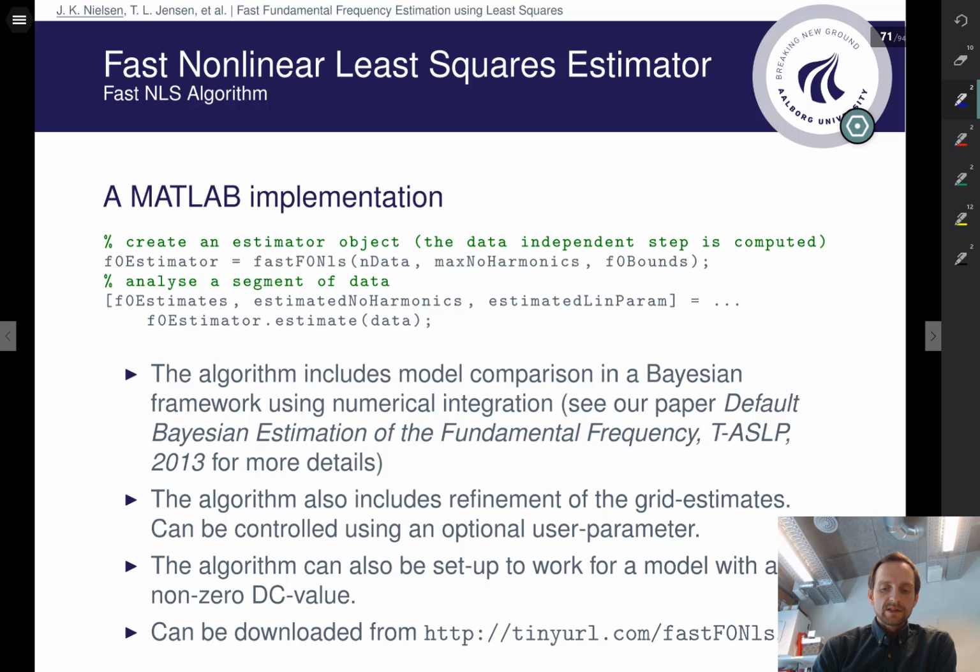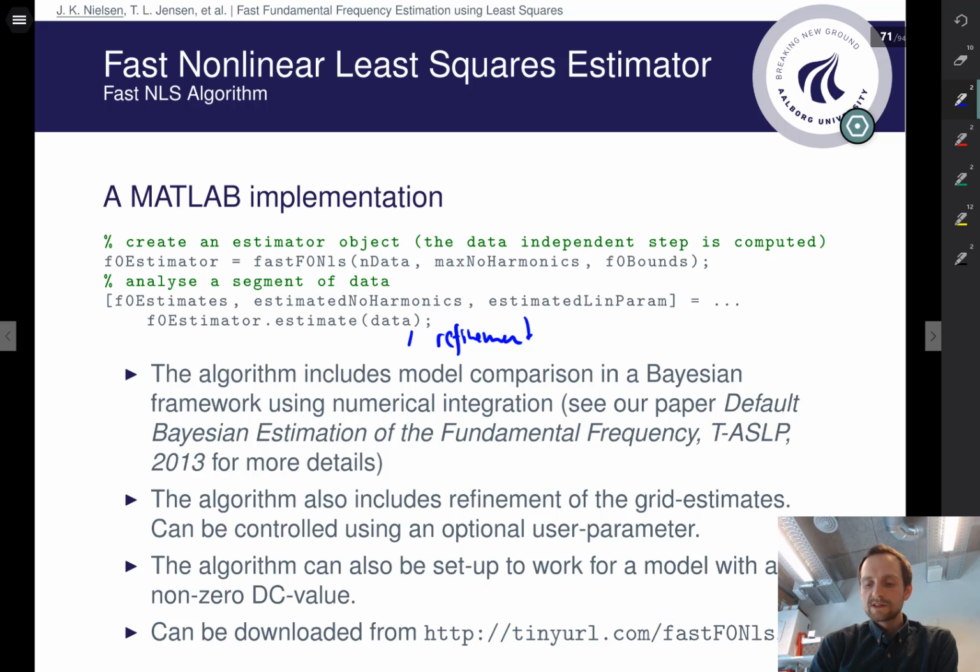The refinement is also included, and you can set it using a user-defined parameter. So here you can set the refinement that you wish. If you want 1 Hertz tolerance of your final estimates, then you specify that here.